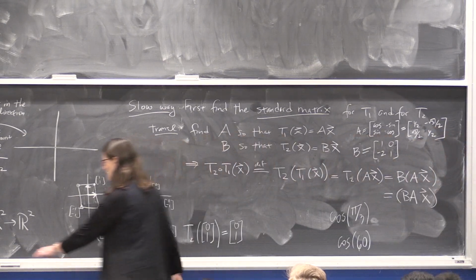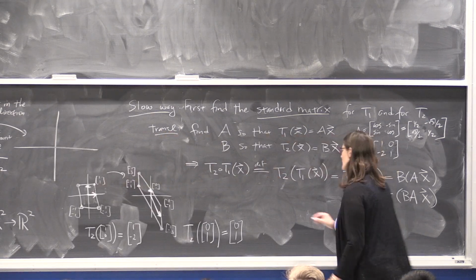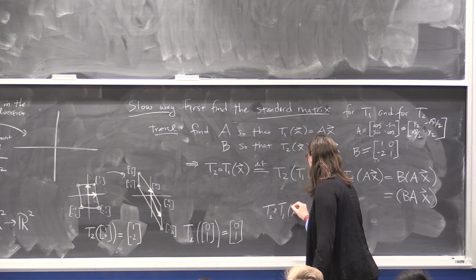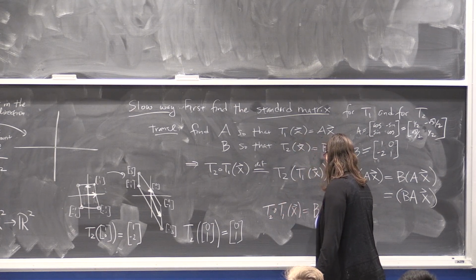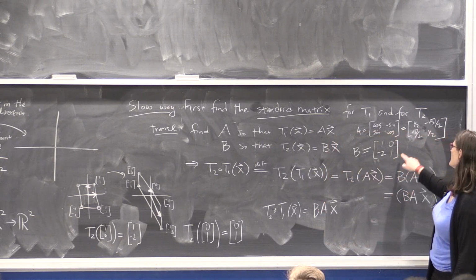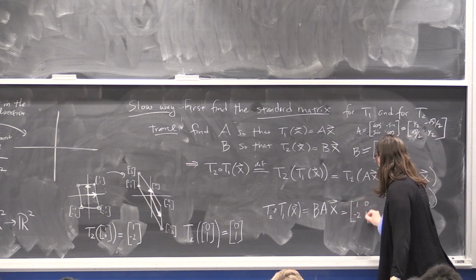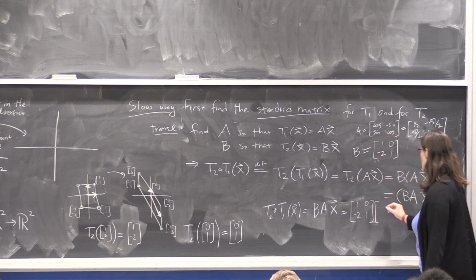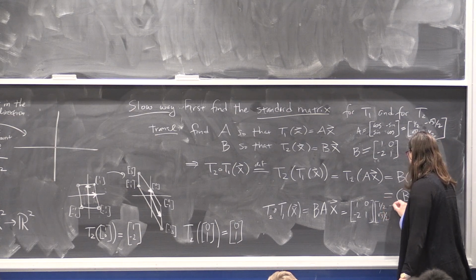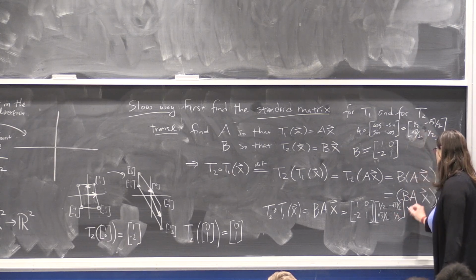And so if I want T2 composed with T1 of x, that's going to be B times A times x. And I can multiply those two matrices out. 1, 0, minus 2, 1 times 1/2, root 3 over 2, minus root 3 over 2, 1/2 times x.